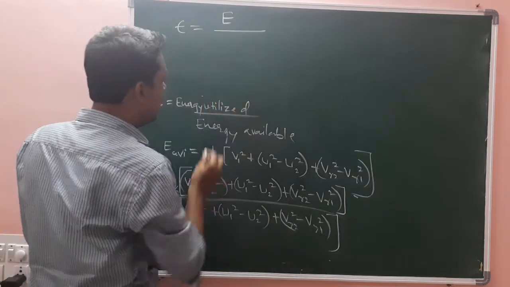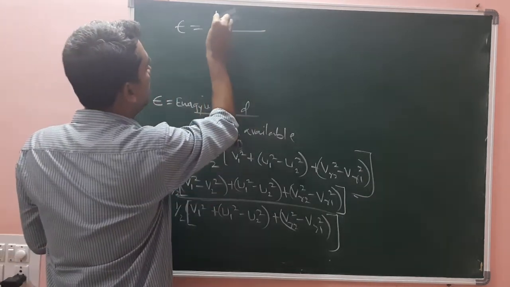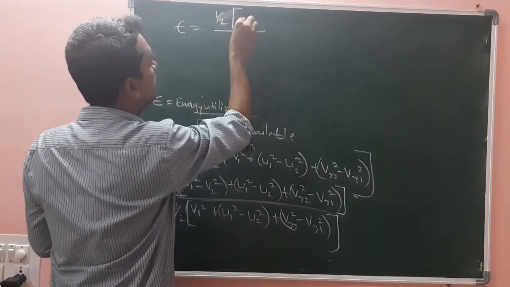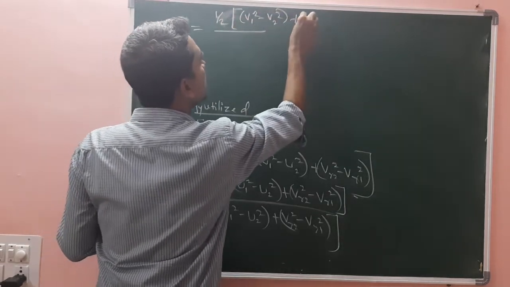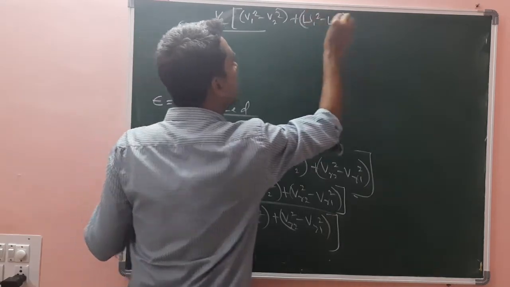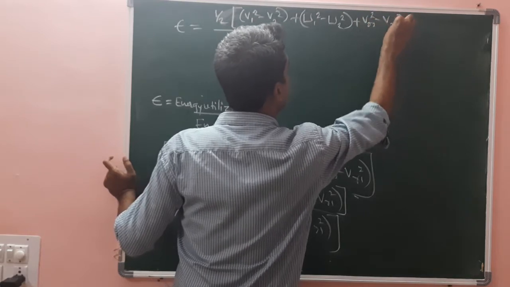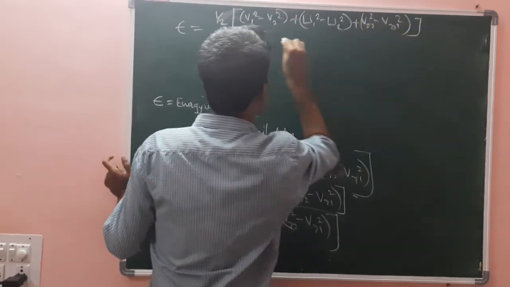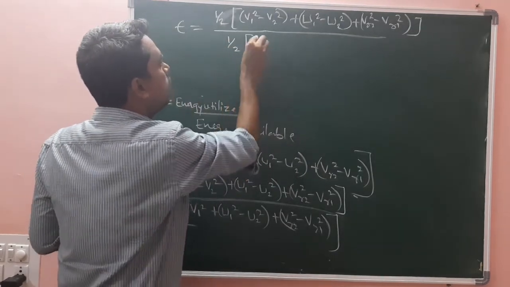Divided by, in the denominator, I will write again the same thing. Instead of 1 by 2, I can write it as phi1 square minus phi2 square plus u1 square minus u2 square plus phi r2 square minus phi r1 square in the numerator, divided by, in the denominator, 1 by 2 phi1 square.